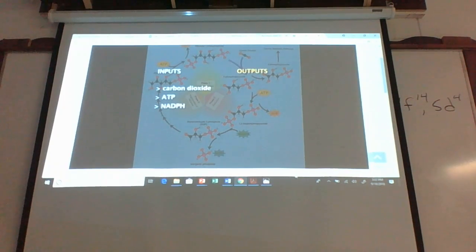The outputs are ADP and phosphate and the uncharged carrier NADP. These products are recycled back into the light-dependent stage to be recharged in light-dependent reactions. The other products are glucose, now containing the chemical energy transformed from light energy, and water.